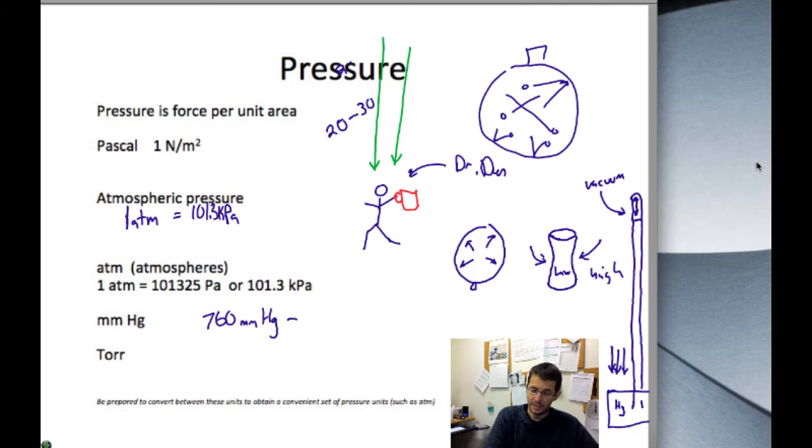And so we can use the measurement of the height of the mercury as a measure of atmospheric pressure. And this is often also described as a torr. So 760 torr is equal to 760 millimeters of mercury, which is equal to 1 atmosphere.